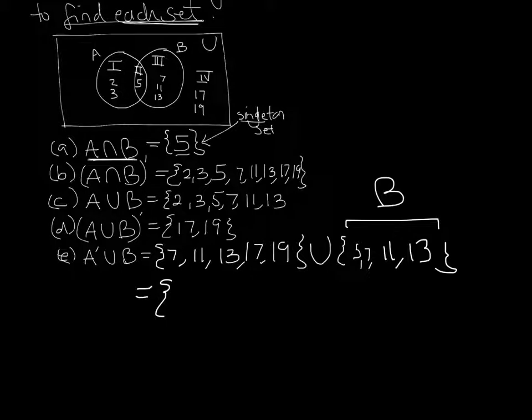You take the first set, 7, 11, 13, 17, and 19, and then you list anything in B that's not already in A prime. 5 is not in here, so I can write 5. 7, 11, and 13 are already in here, so we don't repeat them. So that's just 5.